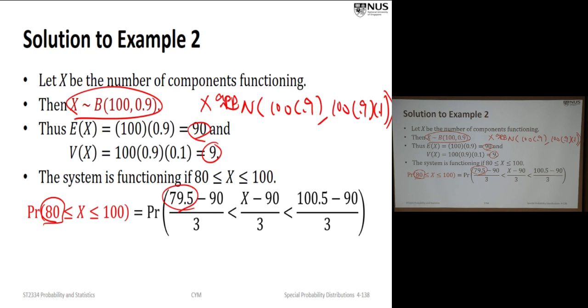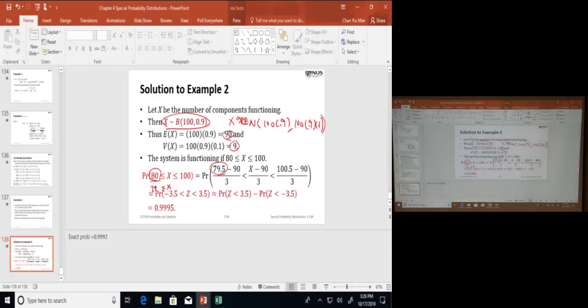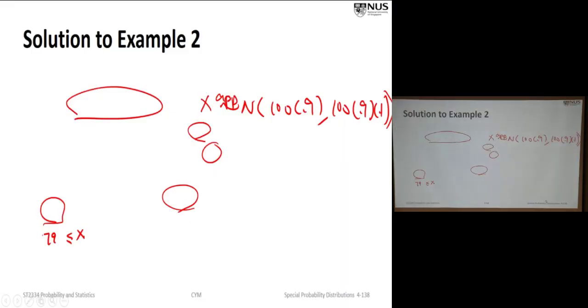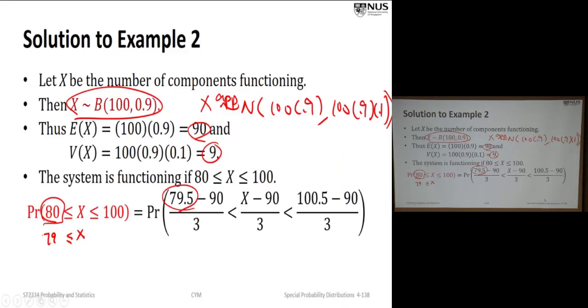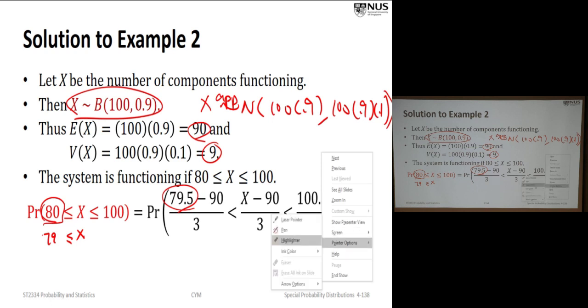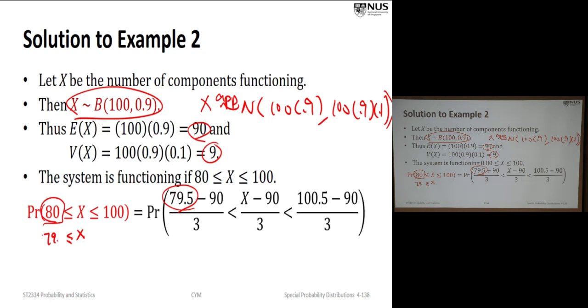Or, sorry, I jumped one step. I should write this as x greater or equal to 79.5. And this one including 100 goes beyond 100, between 100 and 101. So it's 100.5. So it is the same as this one.